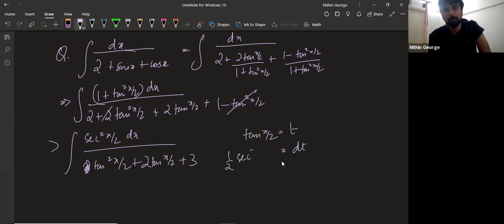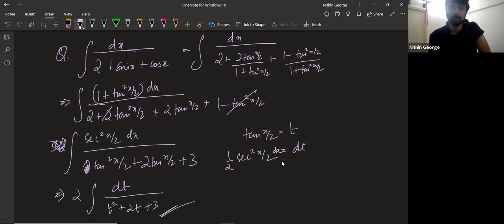It's 1 by 2 sec square x by 2 into dx. So you need a 1 by 2 there. To make up for the 1 by 2, I'll multiply outside by 2. The numerator becomes dt, and the denominator becomes t square plus 2t plus 3. From here, you can handle the rest.